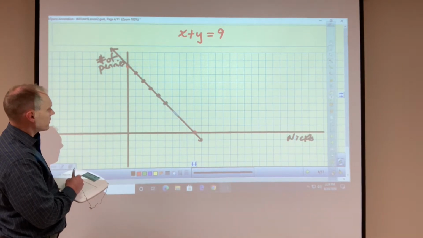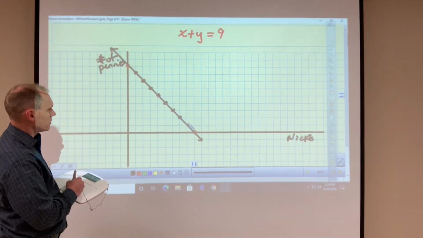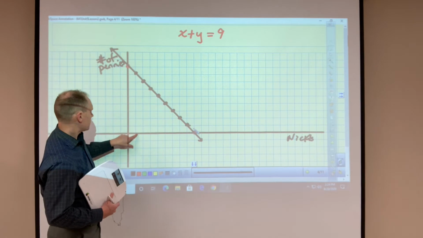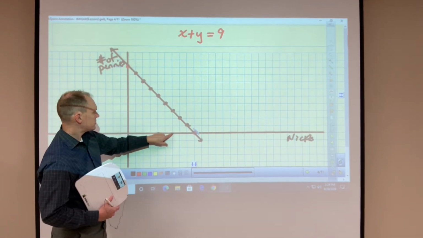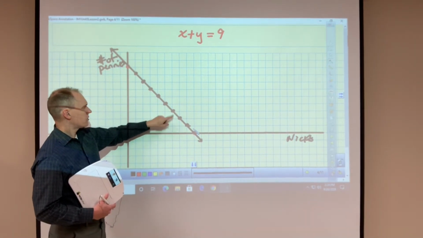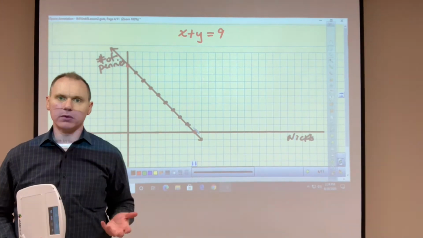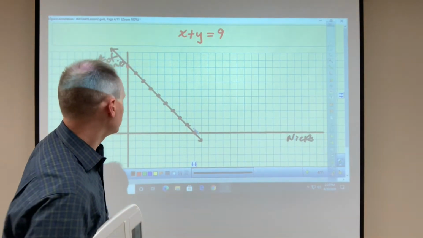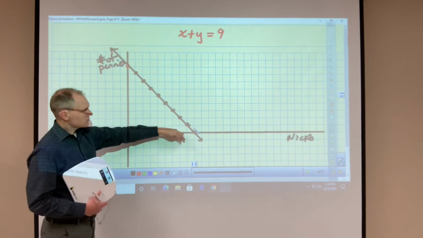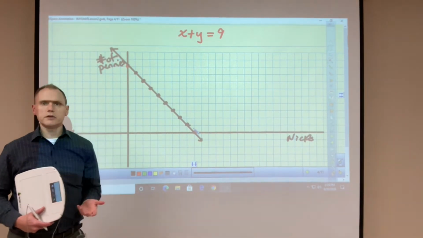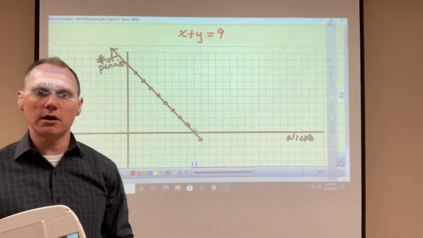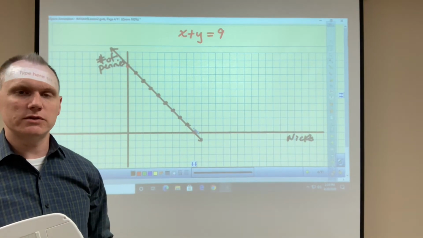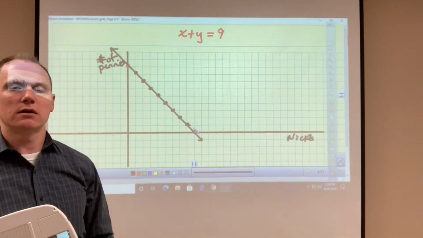Of course, we can't have fractions of coins. So you could have 6 nickels and 3 pennies. That would still make up 9 coins altogether. So this graph maps out all the different possibilities in this scenario that would still satisfy the constraint of having 9 coins.